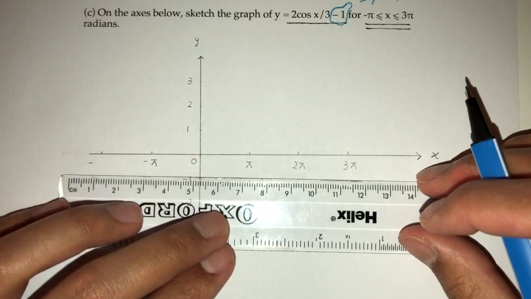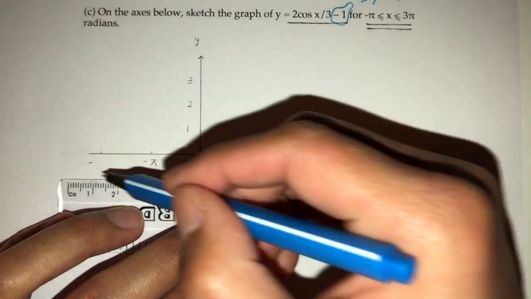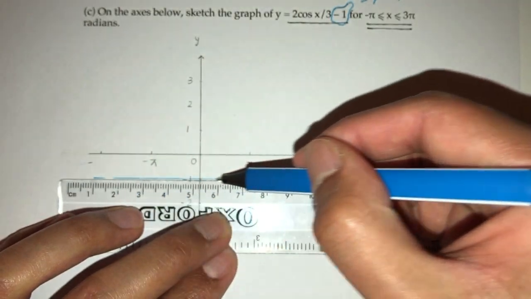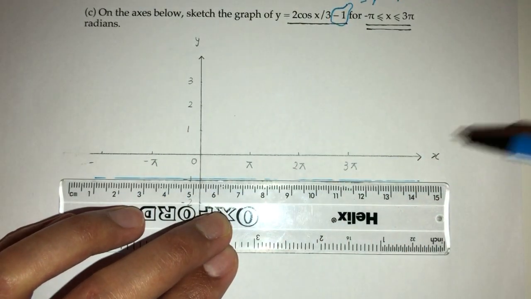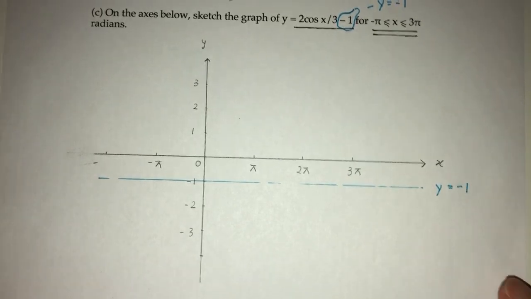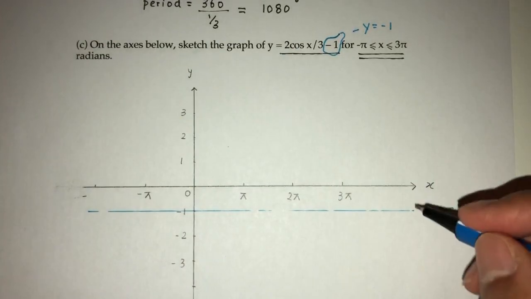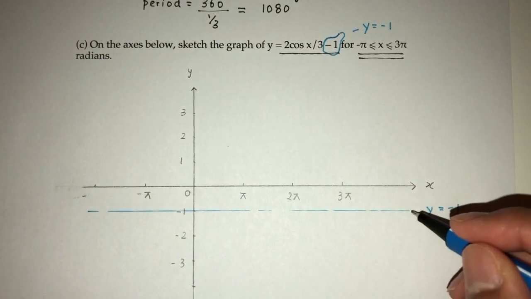So go right here, and then you just draw a baseline that helps you to draw your curve. Now, this is your baseline, y equal to -1. Now, we can add the amplitude 2 on both sides. That'll be 1, 2, and 1, 2.